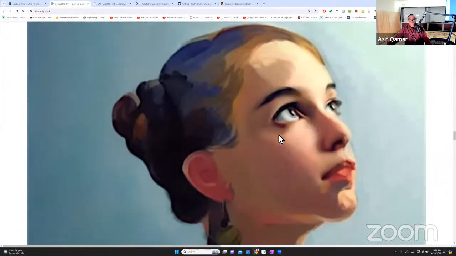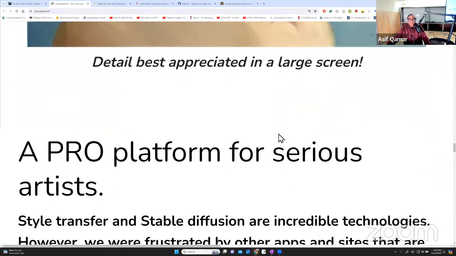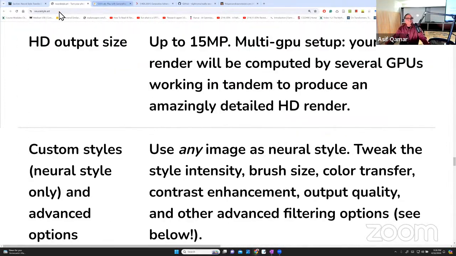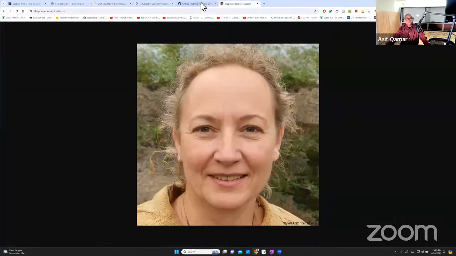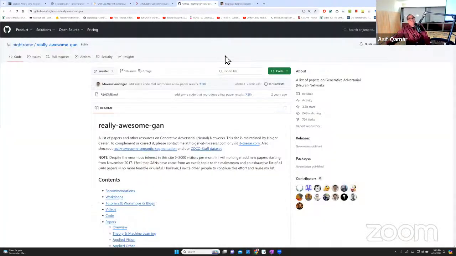So you could do a lot of things. We are in the world of generative art now, using GANs. Neural style transfer is one of the big achievements of GANs. It started with GANs. Now people are bringing all sorts of other diffusion models into it.